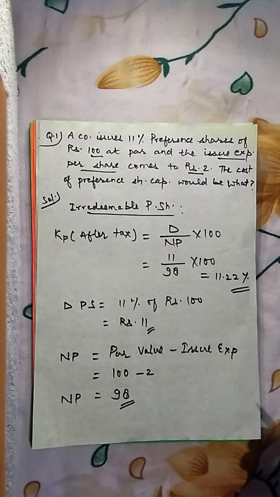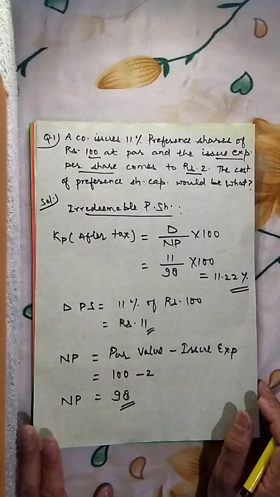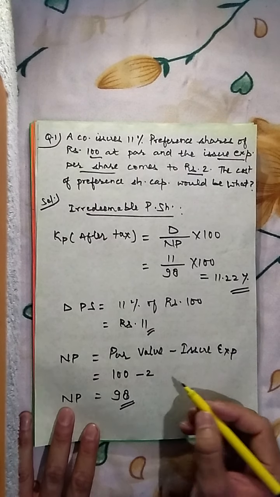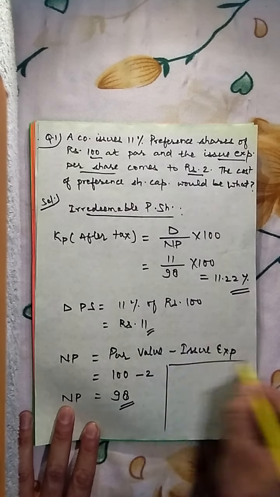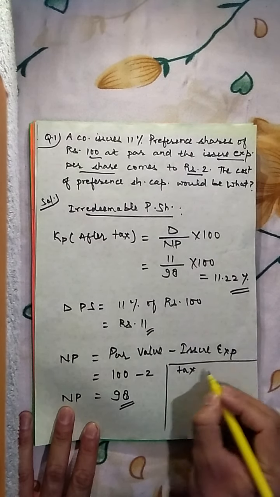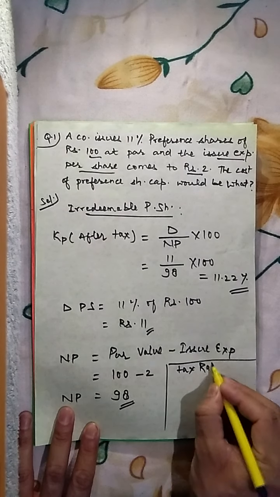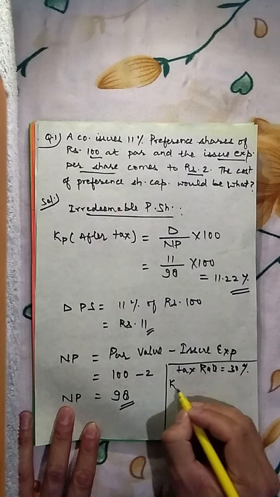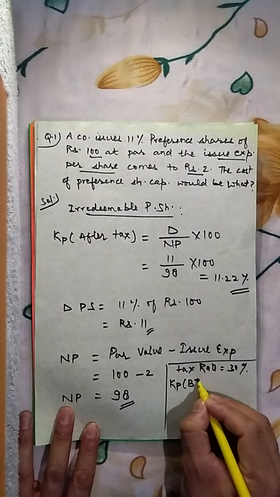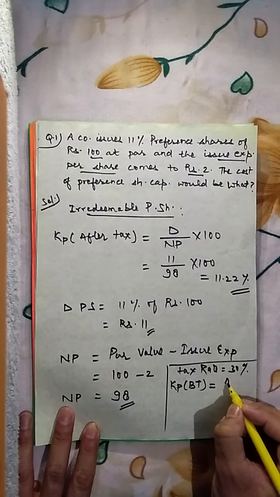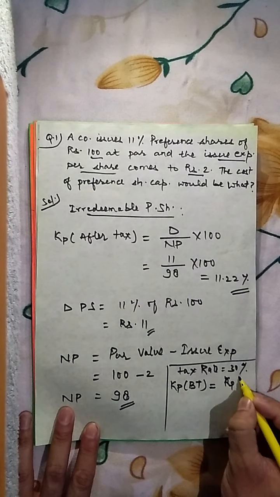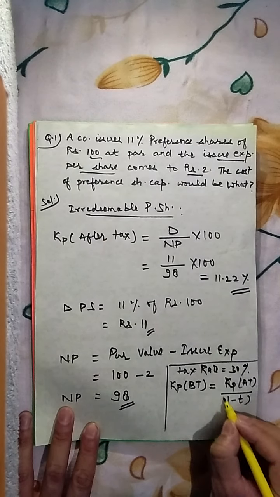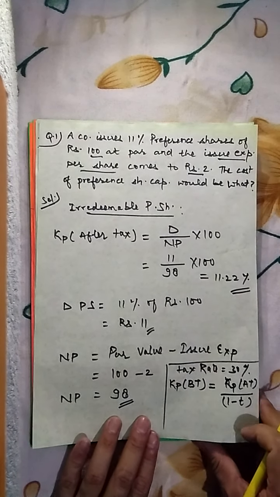So this is the cost of preference shares after tax. In case we have been asked to calculate before tax cost, suppose the tax rate is given 30%, and we need to calculate cost of preference shares before tax. Then what we do, we just divide the cost of preference shares after tax by 1 minus tax rate. That is very simple to calculate.